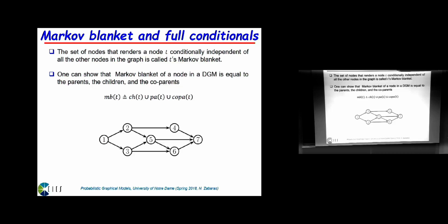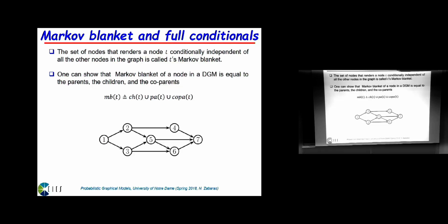So let me finish lecture 2 with another little concept that goes by the name Markov Blanket. Okay? So here's the idea. The Markov blanket is the set of nodes that renders a node conditionally independent of all the other nodes in the graph.